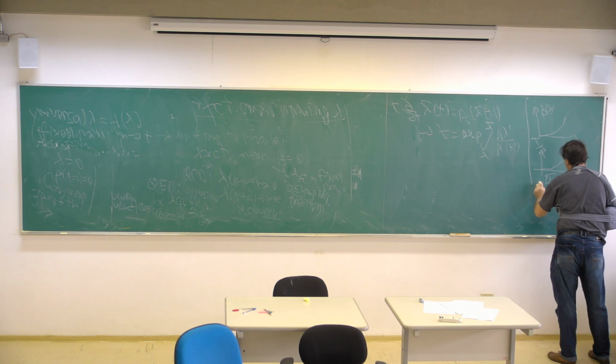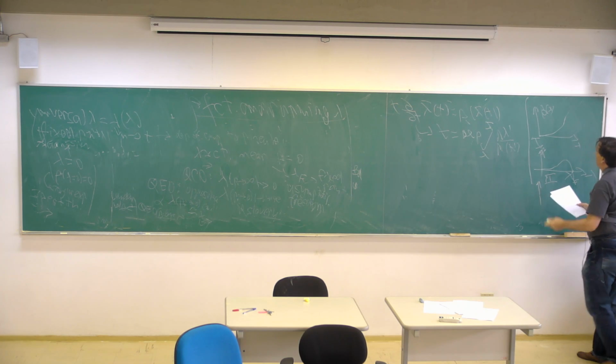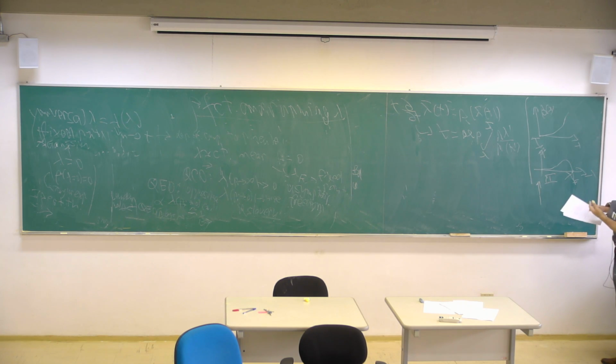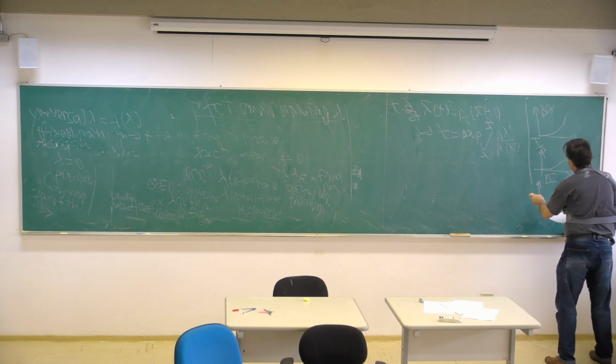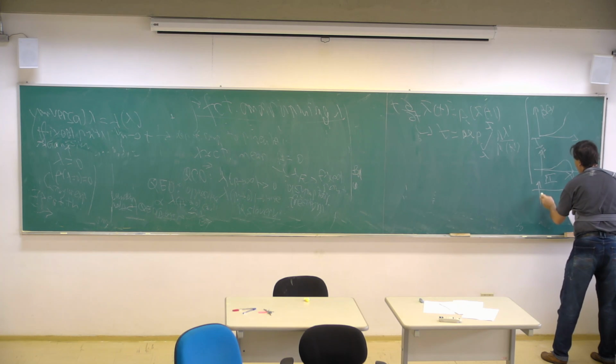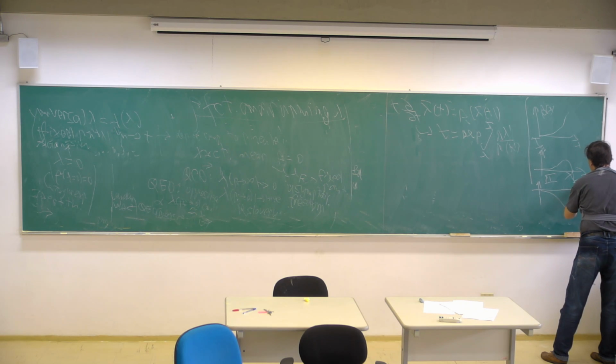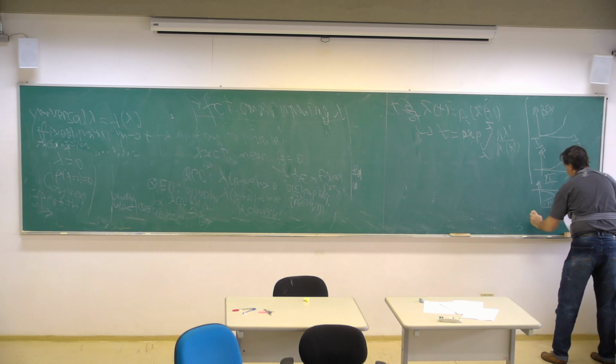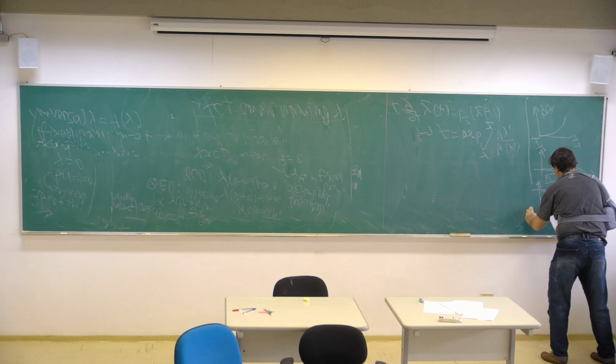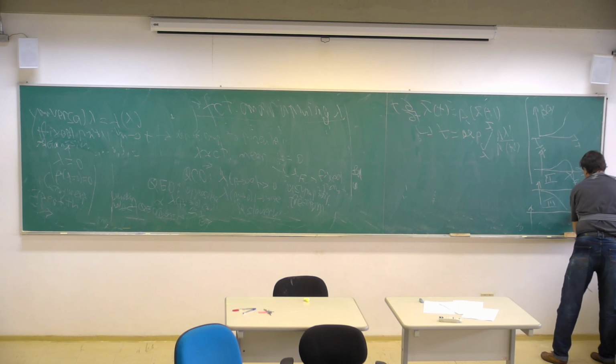Then the other two possibilities are basically mirror images of these: this is 3, and this, with the fixed point lambda f, is 4.